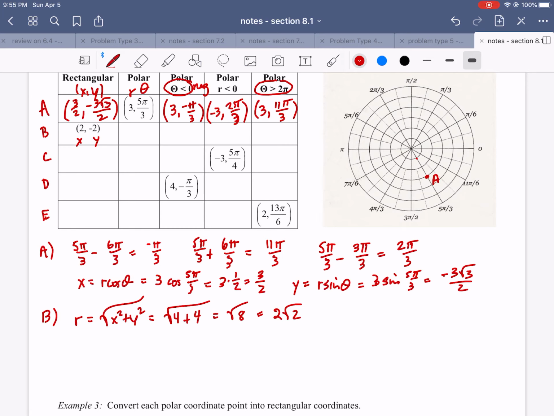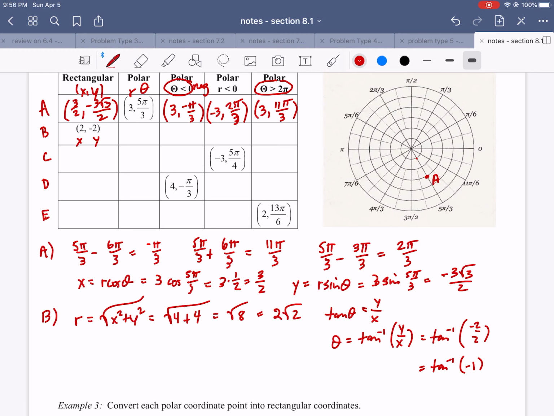Okay, we also know that tangent of theta is equal to y over x. And so what that means is that theta is equal to the tangent inverse of y divided by x. So that'll be negative 2 divided by 2, which of course will reduce to negative 1.